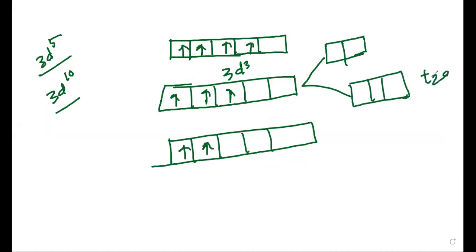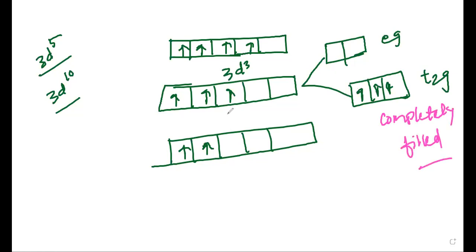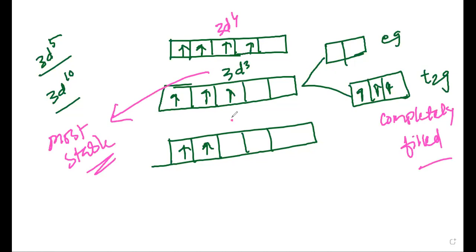These are known as t2g. These are known as eg. And you can see that in 3d3, our t2g is completely filled. So according to the given information, this 3d3 is going to be the most stable. So out of these, either we have 3d4 or 3d2. The most stable is 3d3, my dear students.